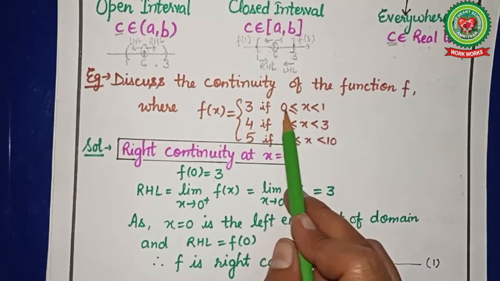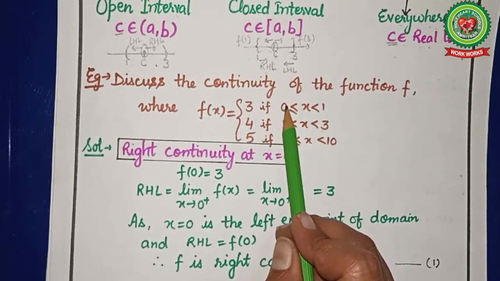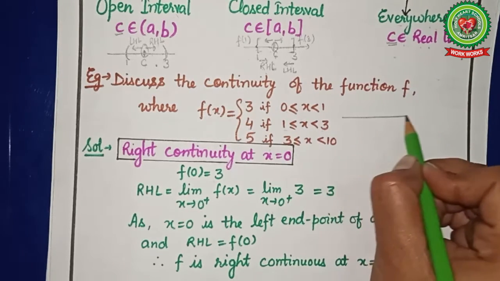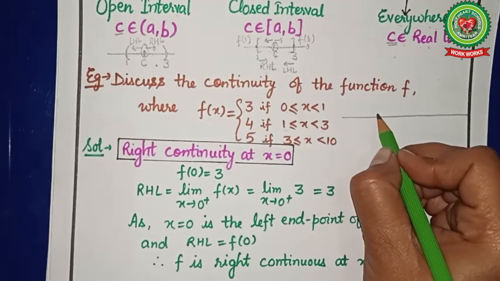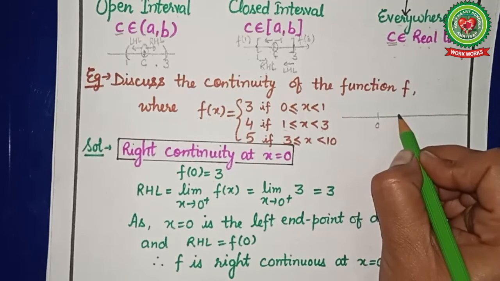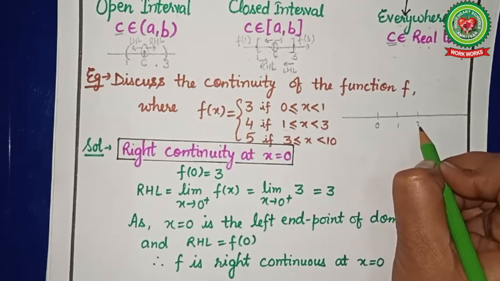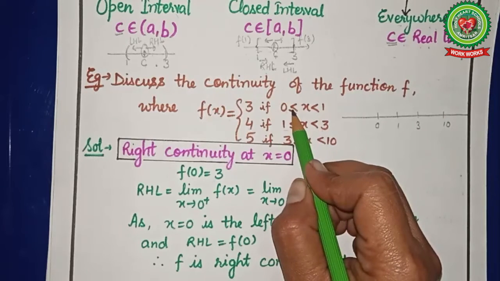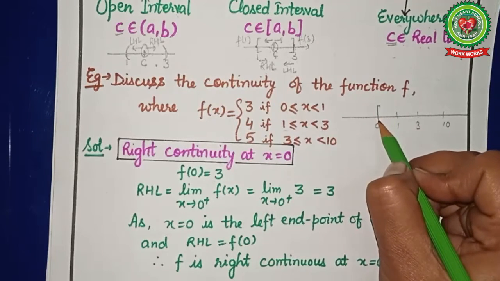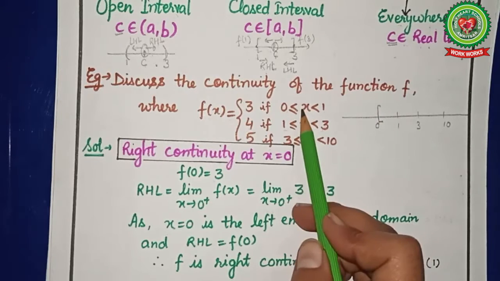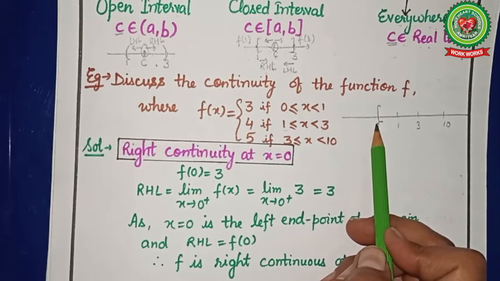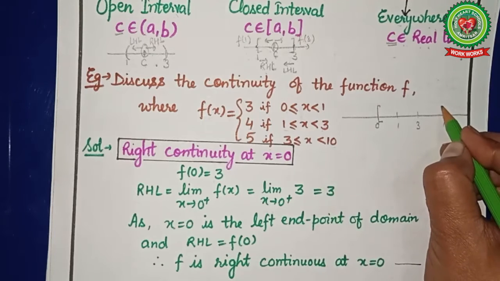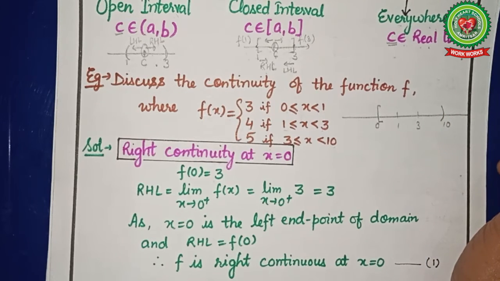Now here you can see that so many points are there: 0, 1, 3 and 10. It is greater than or equal to 0, which means a closed interval is here. It is starting with the closed interval. The last value is 10. It is less than, which means an open interval is there.